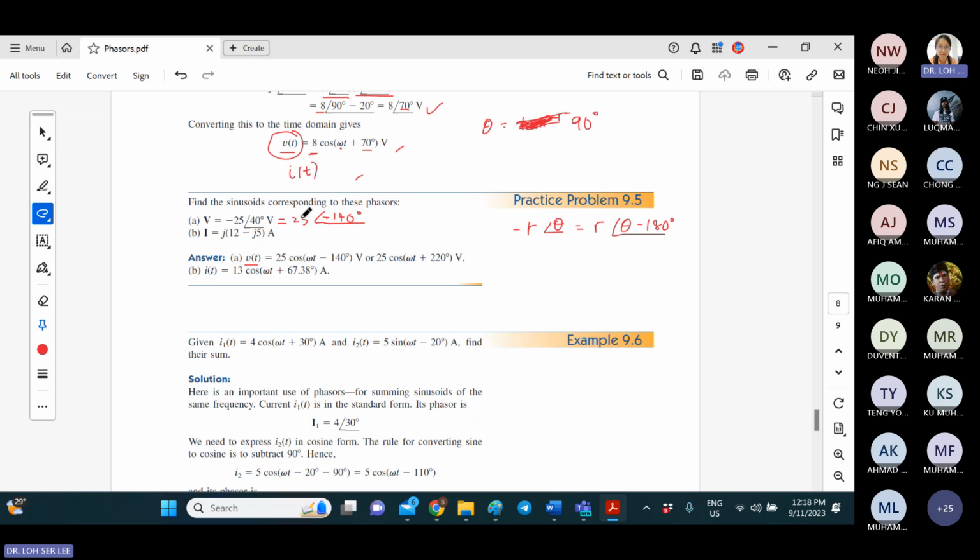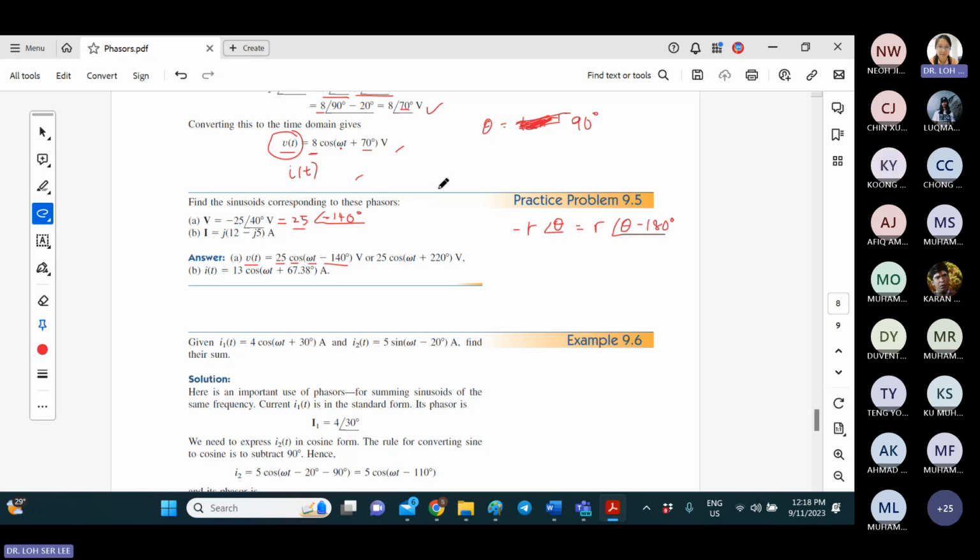So from here, we can form the sinusoid. So 25 is your VM, and then we have the cos of wt minus 140. Got it?